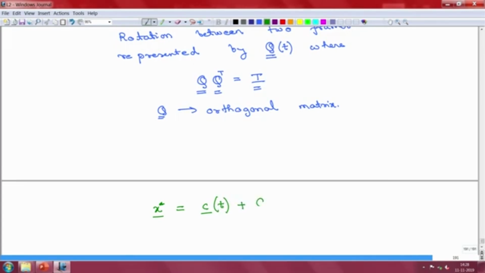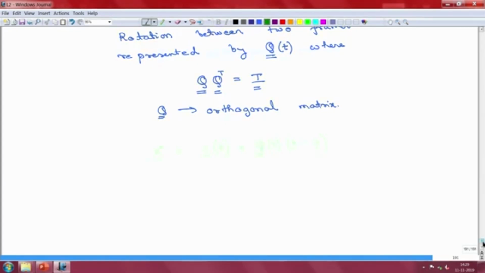plus the position of this point with respect to some origin multiplied by Q, where Q is the rotation matrix. Okay.